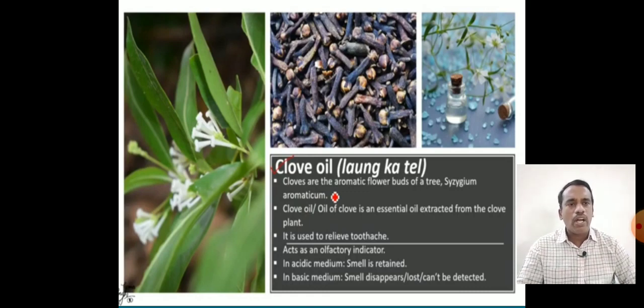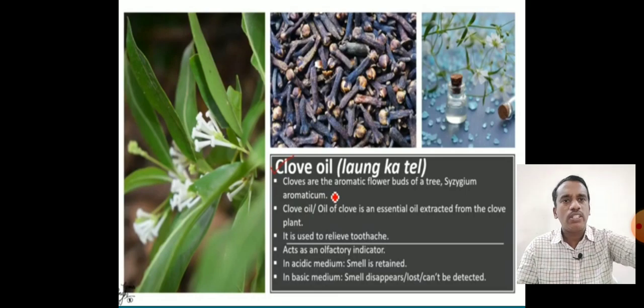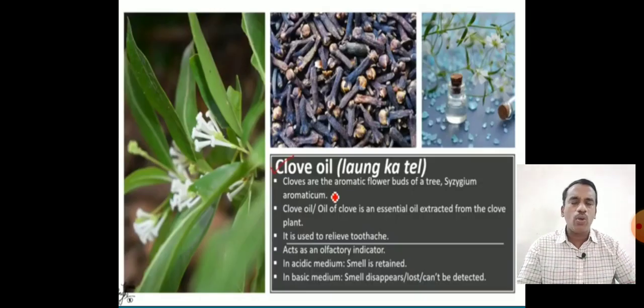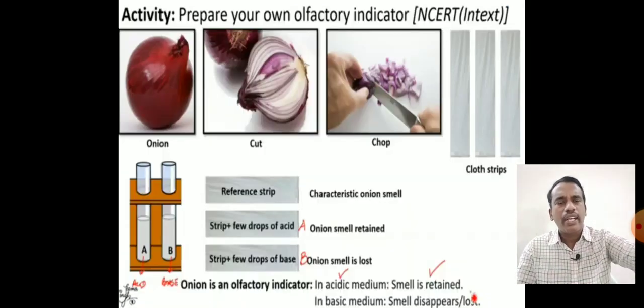Now the same practice we are doing. We are going to take two test tubes labeled A and B. In A we don't know what the solution is. We are going to take three strips of cloth, but now it is not our onion, it is our clove oil.